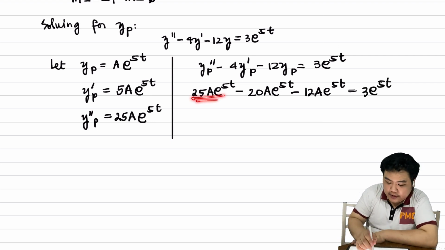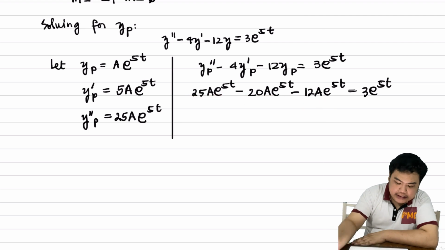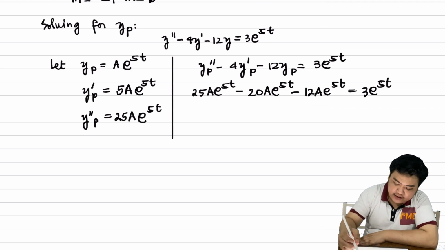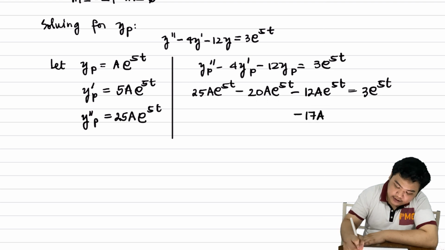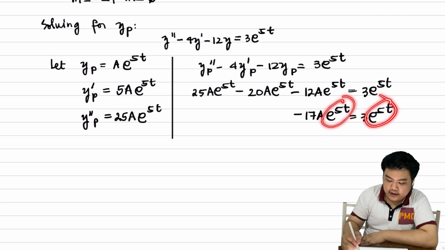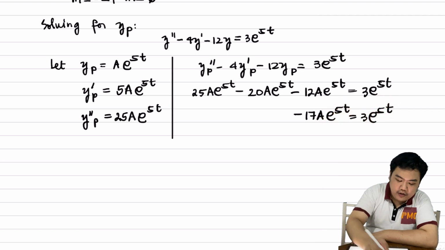Nalabas yan. So, combine nyo ito. 25 minus 20 is negative 5. Minus 12 is negative 17. Is that right? Negative 17a e raised to 5t equals 3e raised to 5t. Non-zero naman itong e raised to 5t, no? Kasi exponential function siya. Or you can just equate the coefficients.